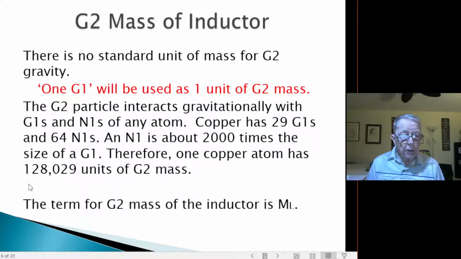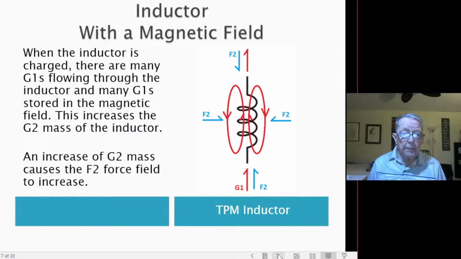So this is an equivalent of 128,029 units of G2 mass, and the unit is based on 1 G1. It's a hypothetical unit; no measurements are being made here. Everything's being measured in terms of that mass. I'm going to use the term G2 mass of the inductor as the mass of the inductor. L is the symbol for the inductor.